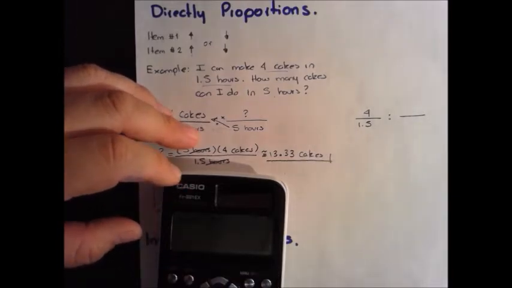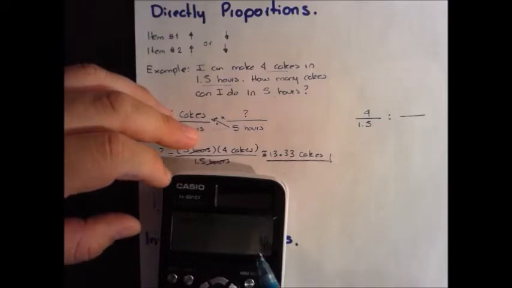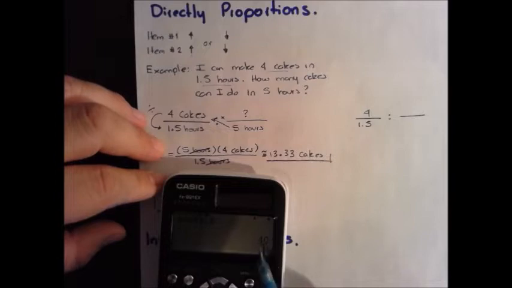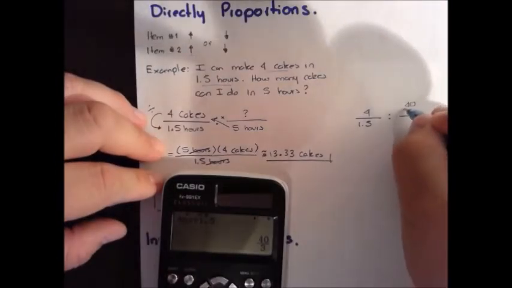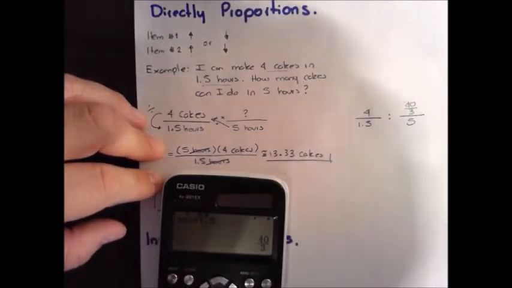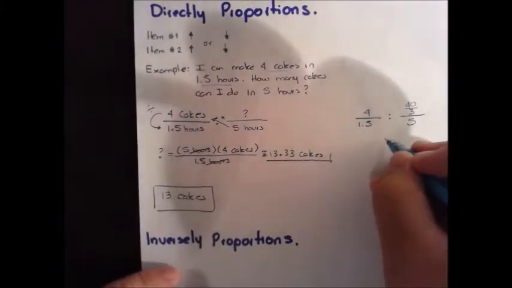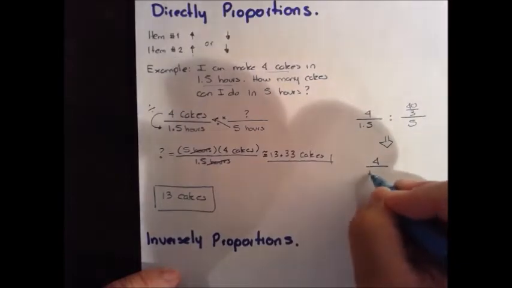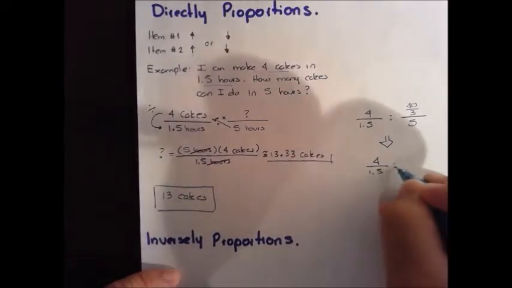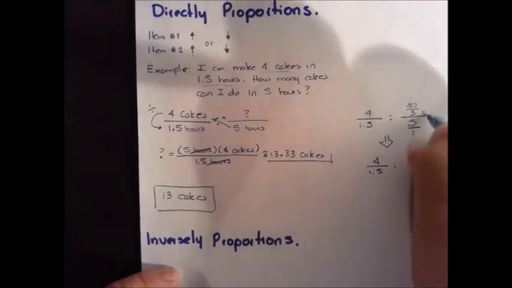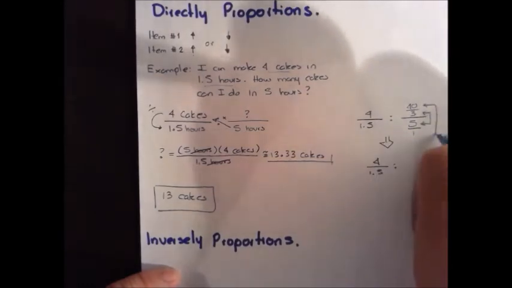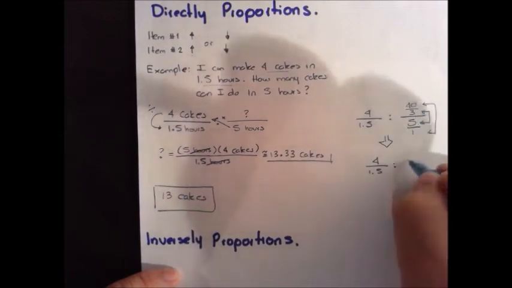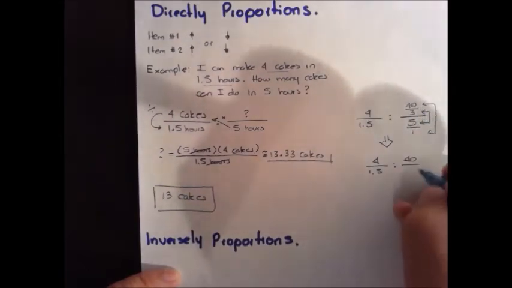Here I'll have the fraction 40/3 over 5. This can be reduced like 4 over 1.5. Remember, I'm going to make the division, and then I'm going to have 40 times 1, 40 over 3 times 5, 15.